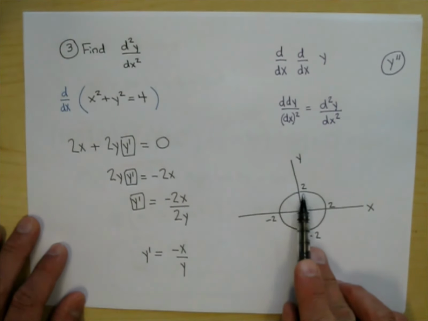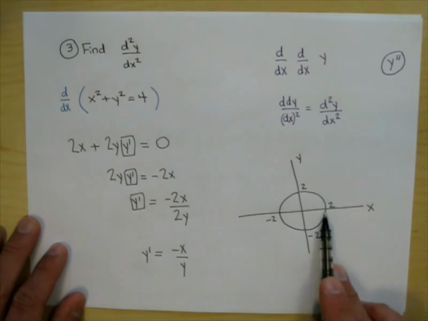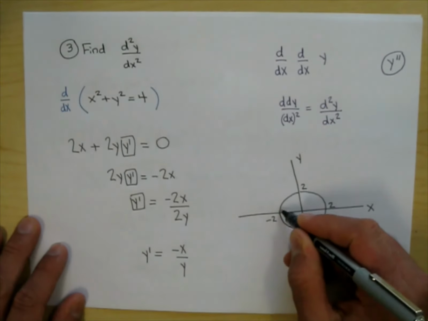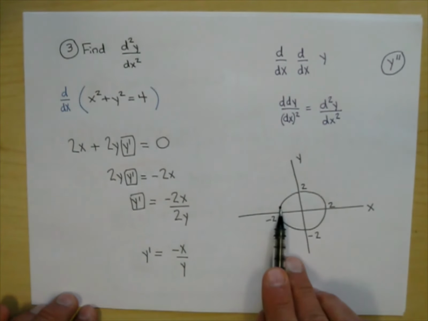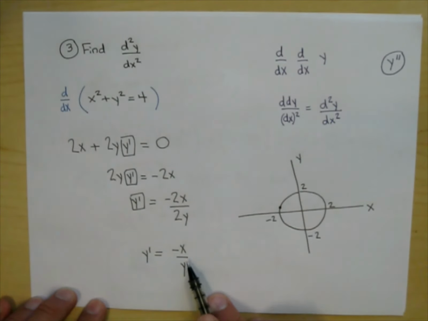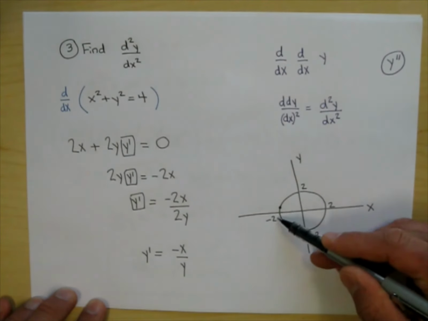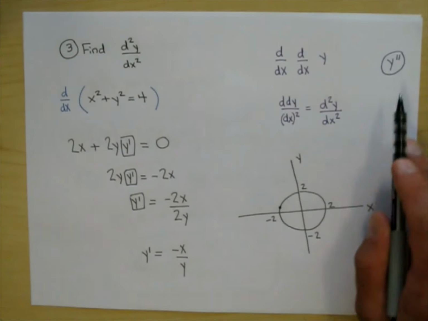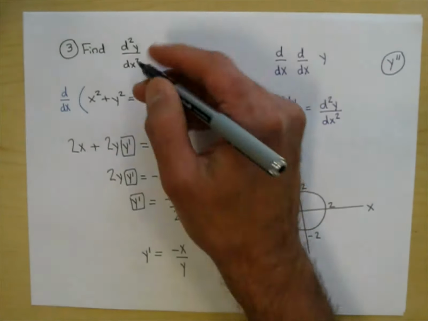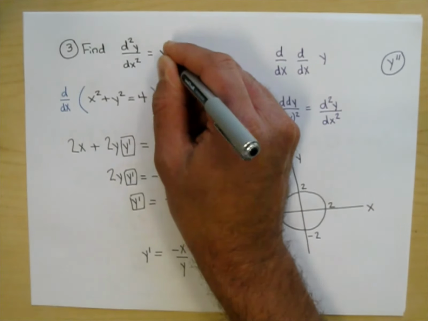If you randomly pick any point on the circle, like this one right here, you stick the coordinates of that point into this expression, and it will give you the slope of the tangent line to that point. So that's pretty amazing. Implicit differentiation is powerful. We're not done. We're trying to find y double prime. So, let me just say this equals y double prime.